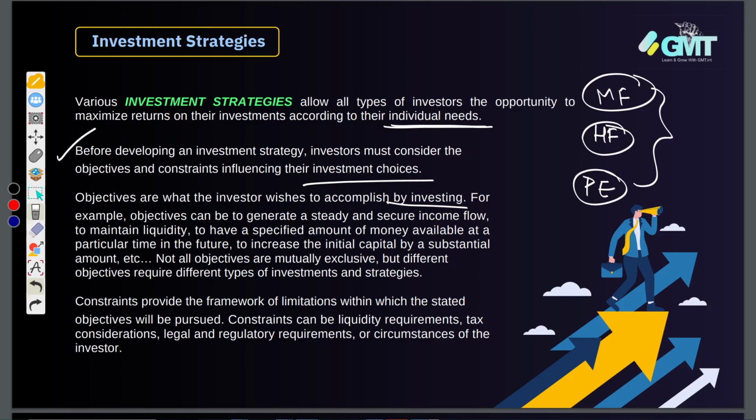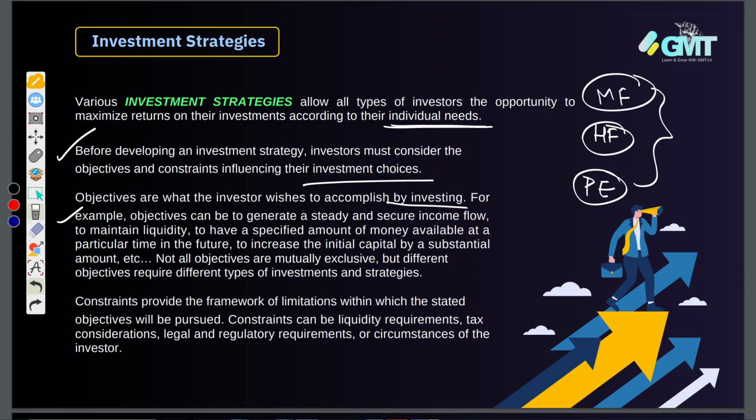All right. For example, objectives can be to generate a steady and secure income flow, to maintain liquidity, or to have a specified amount of money available at a particular time in the future, to increase the initial capital by a substantial amount, etc. Not all objectives are mutually exclusive, but different objectives require different types of investments and strategies.